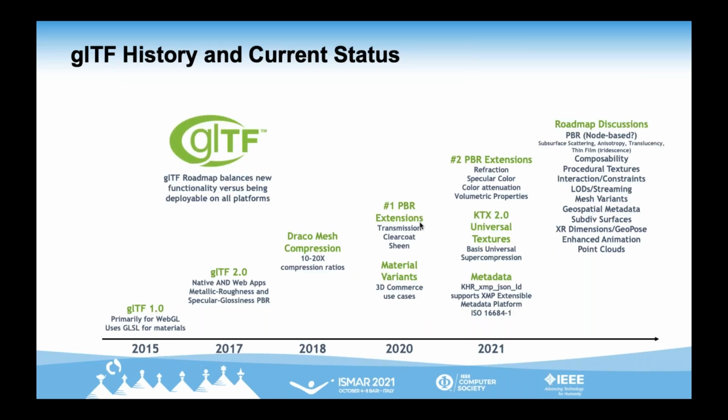It's been supported in many different platforms and tool chains. And in the last 12 months, there have been a lot of extensions to improve the performance, but also to improve the realism of the assets.